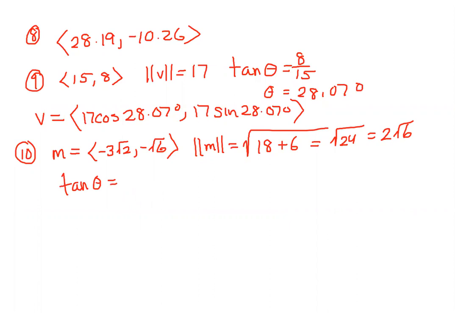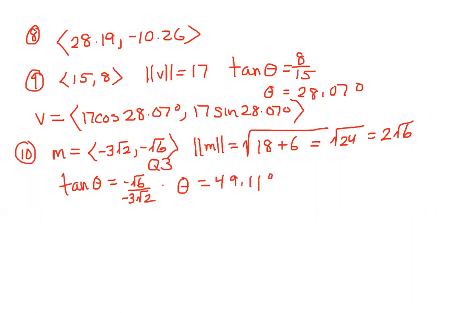What quadrant is this in? Negative, negative. This is quadrant 3. So tangent theta equals negative the square root of 6 over negative 3 times the square root of 2. You can just put that right in your calculator and you get 49.11.